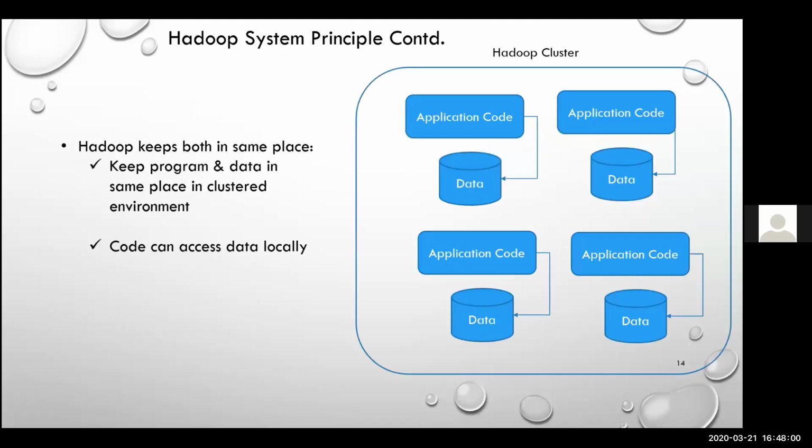So in big data, what we are doing, for example, these are 4 nodes in our Hadoop cluster. In the 4 nodes, you see that we have application code and data.